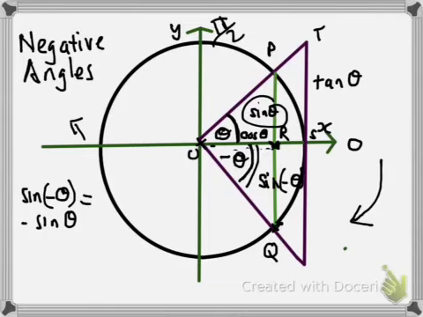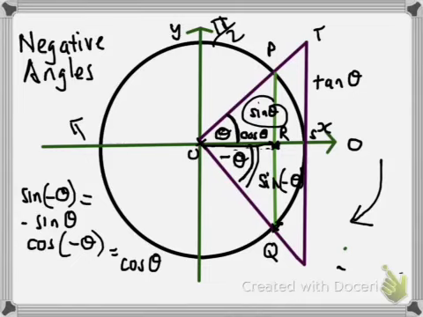So in fact, cosine theta for both theta and negative theta is the same. So our rule for cosine of negative theta equals cosine theta. It's the same value from O through to R across there.